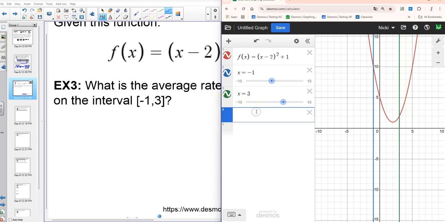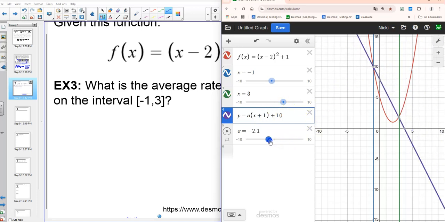In fact, if I wanted to do y equals ax plus 10 and put a slider in at a, I can get somewhere about right here. We're looking for the slope of that purple line. That would be our average rate of change for this graph.